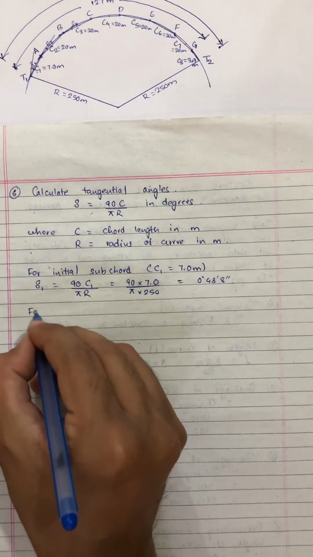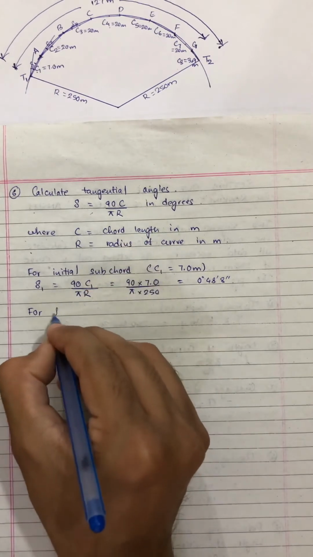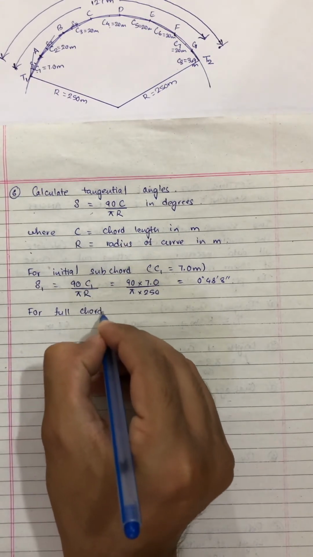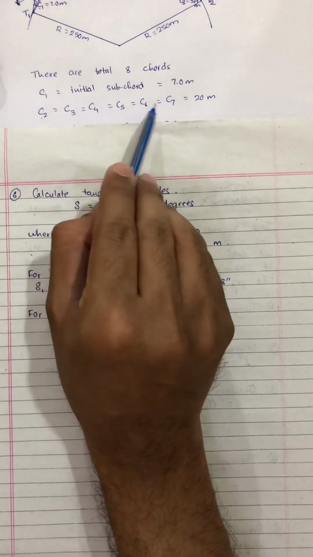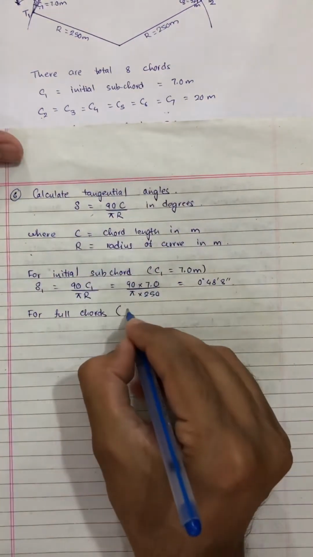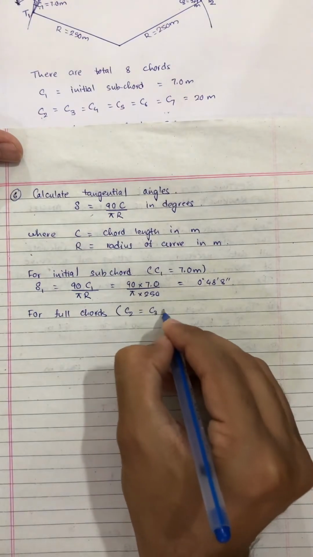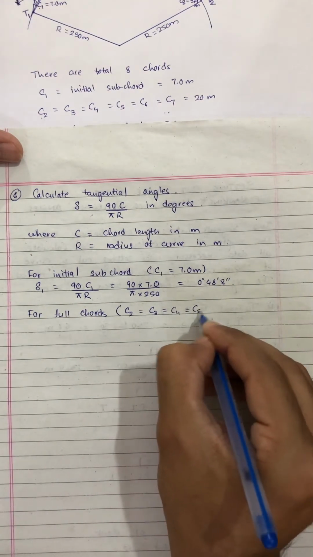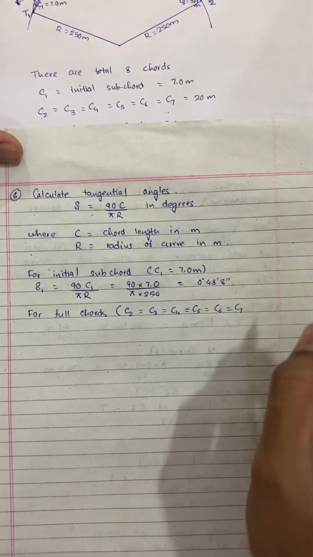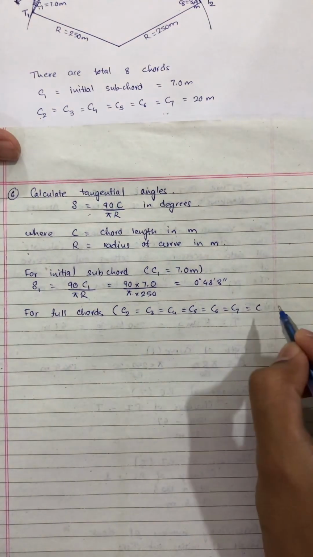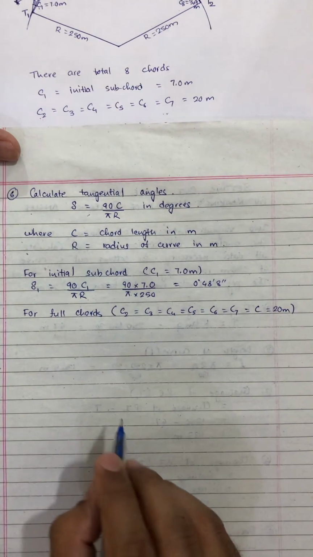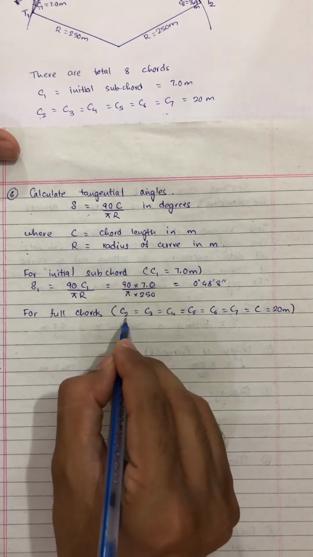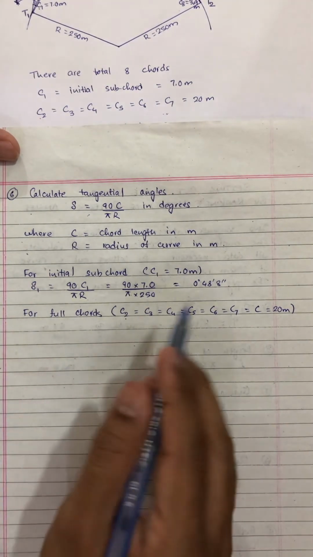Similarly, we have to calculate the tangential angle for all the full chords. These full chords are from C2 till C7. So C2 is equal to C3 is equal to C4 is equal to C5 is equal to C6 is equal to C7. Let us call this C itself, which is equal to 20 meters. For every C2, C3, C4 there will be del 2, del 3, del 4.